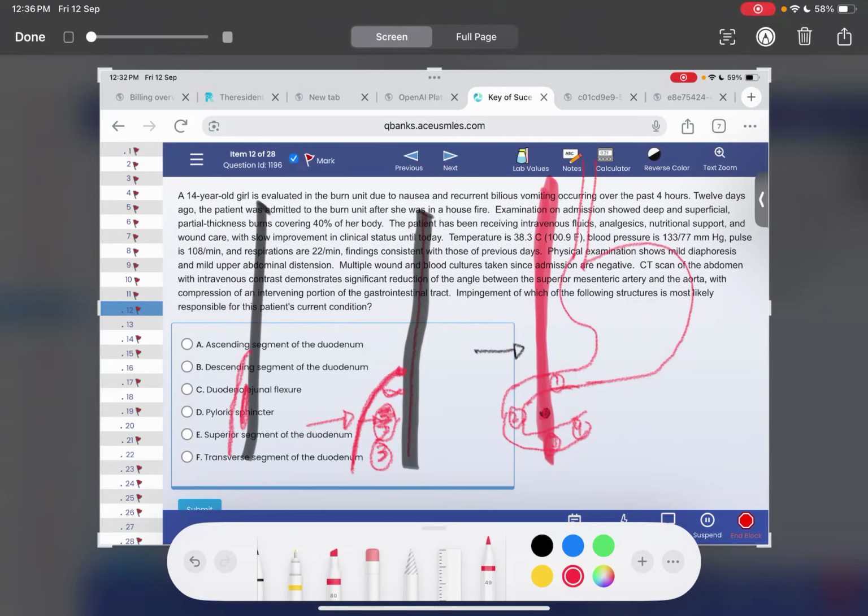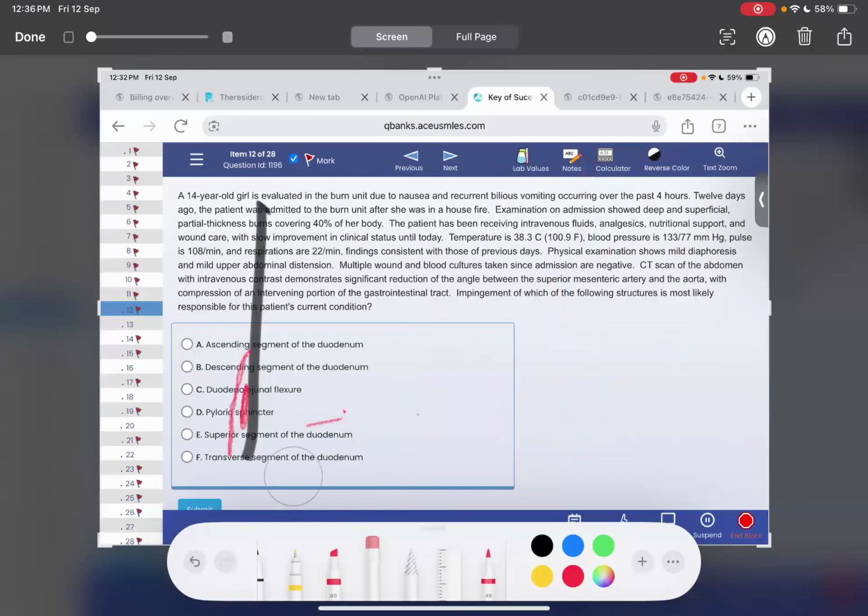Yes, sir. Okay, so what's your answer here? Transverse segment of the duodenum. Perfect. It's basically the transverse segment of the duodenum. Basically, if you know the first part, second part, and the circle very deeply, then that is your transverse part of the duodenum.